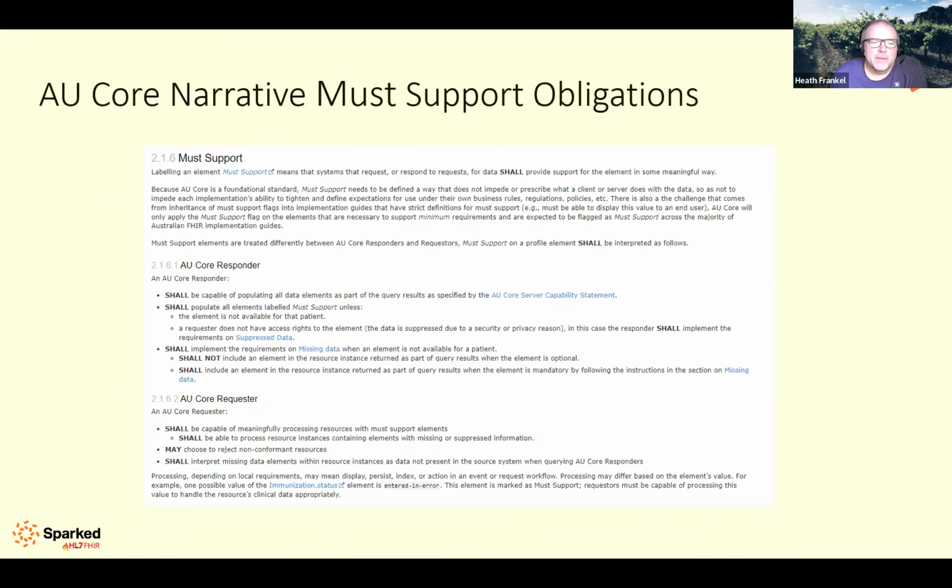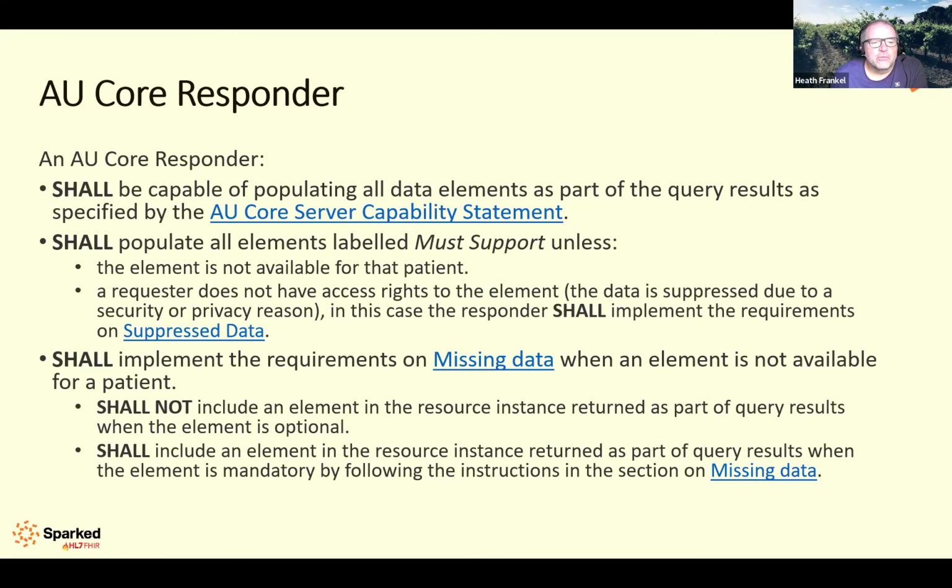So in AU Core, as I said, we actually have a narrative description of the must support obligations. For the responder we've got a couple of shalls, and the second dot point is the most important, which basically says that we shall populate the element unless it is not available for that patient, or the requester does not have access to the element, in which case we need to apply the suppressed data requirements, which are stated elsewhere.